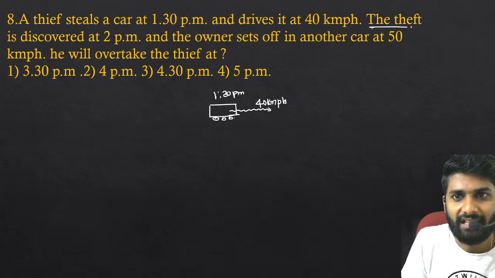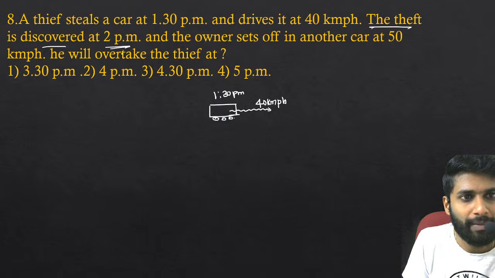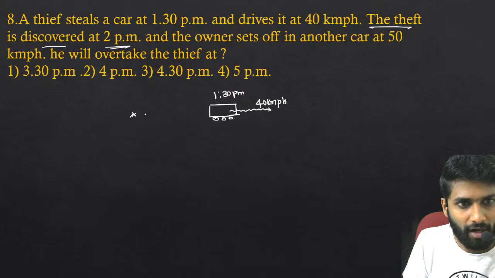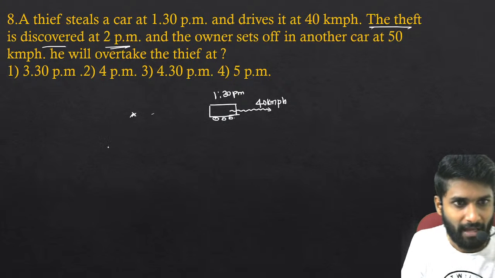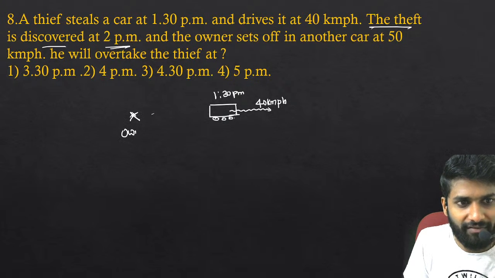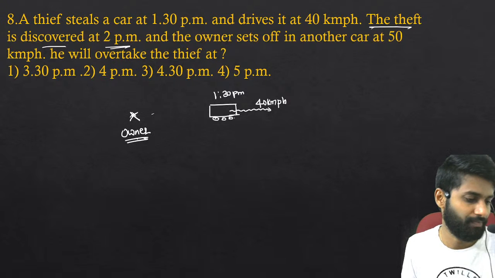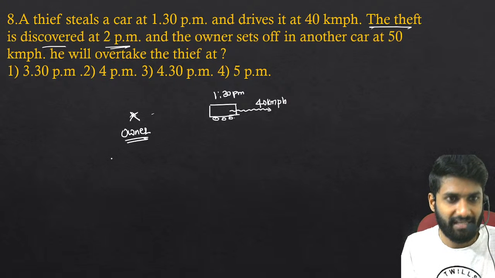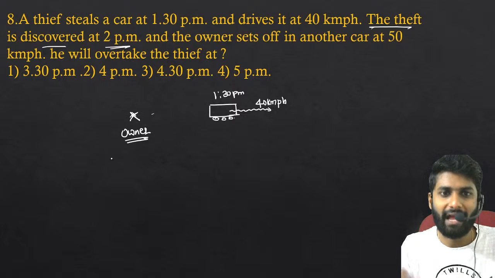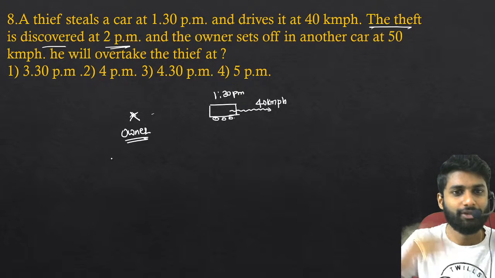Now, the theft is discovered at 2 p.m. This is the place of the owner. For example, this is the original position of the car, and now it is traveling with a certain speed. Now the owner observed, that means he realized that his car was stolen by someone. I need to take that car.